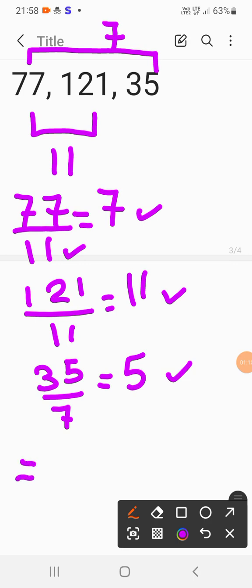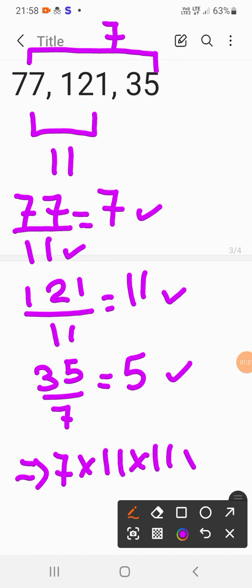So after multiplying 7 into 11 into 11 into 5, we get 11 into 11, which is 121, and 7 into 5, which is 35.